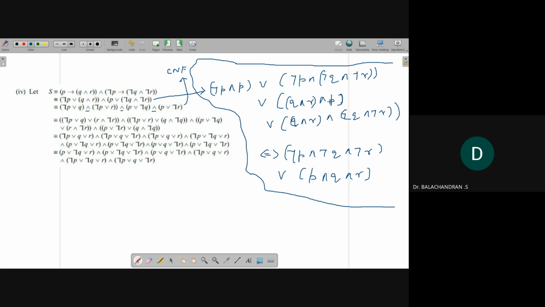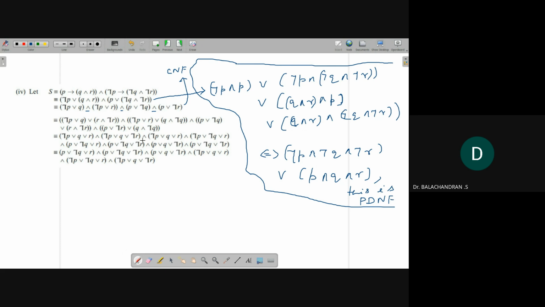This is P and Q and R. So everywhere here, Q and negation Q is false, R and negation Q is also false. So false or P is P. So this is in sum of products.